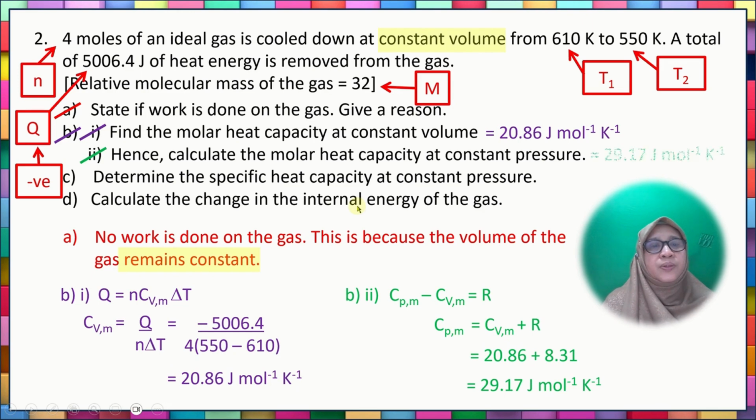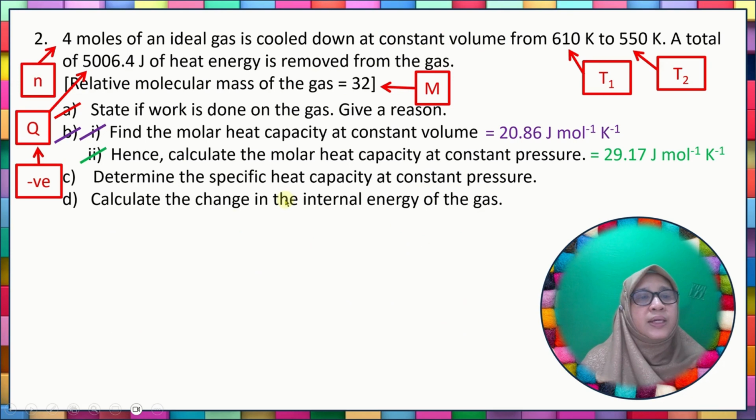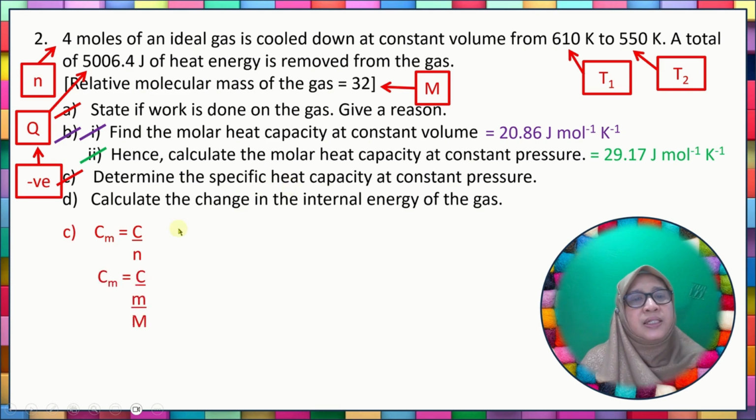Okay, now question C. So question B2 is done. Question C, determine the specific heat capacity at constant pressure. Specific heat capacity, we use a small letter symbol. Actually, this one is the molar heat capacity at constant pressure.